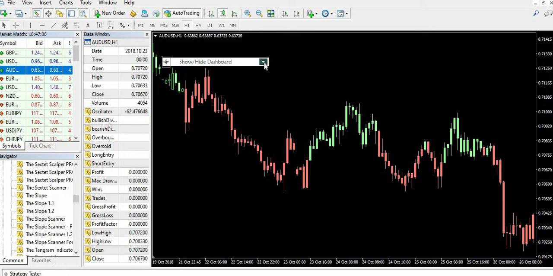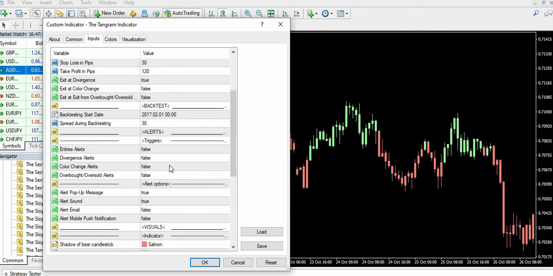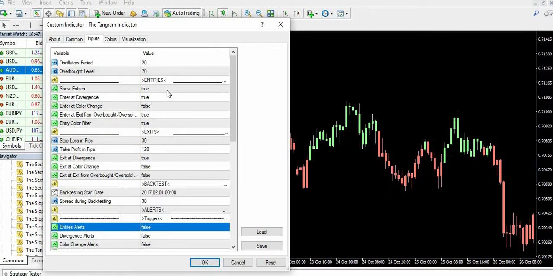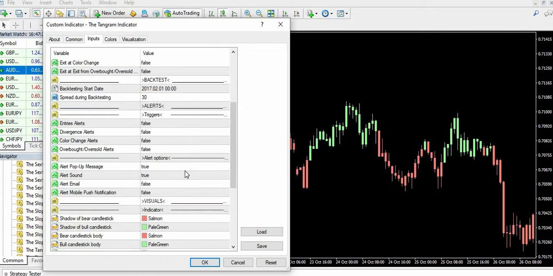Okay, back to the settings. Okay, alerts. So you could get alerts for entries, but first you have to have enabled the show entries. And if you have the show entries enabled, you could get alerts for entries.